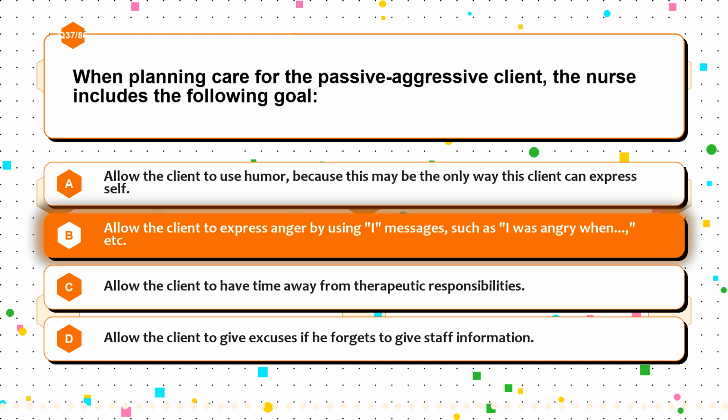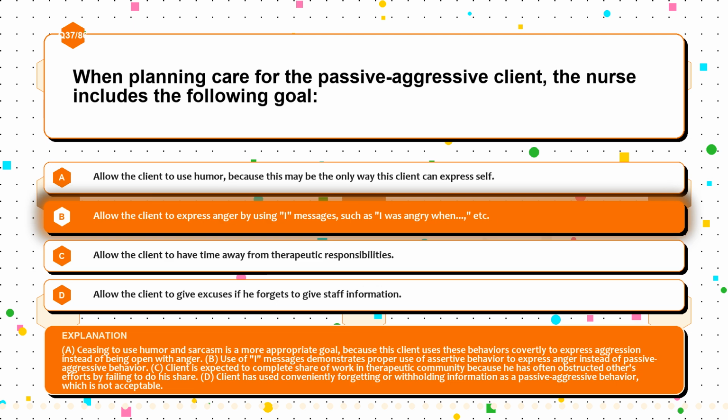The correct answer is option B. Allow the client to express anger by using messages such as "I was angry when," etc. A. Ceasing to use humor and sarcasm is a more appropriate goal, because this client uses these behaviors covertly to express aggression instead of being open with anger.